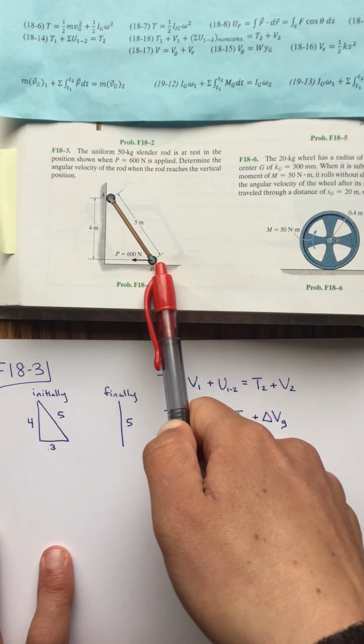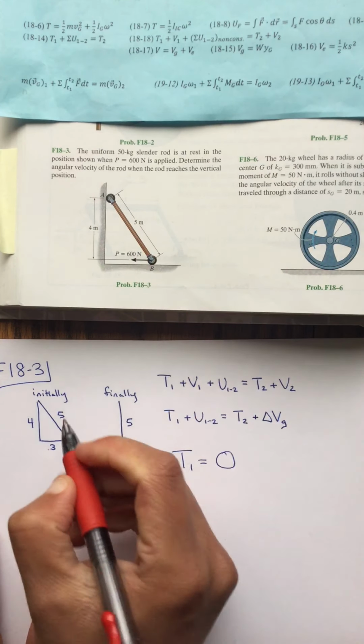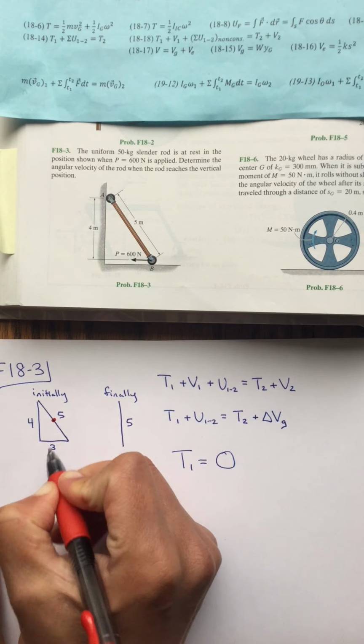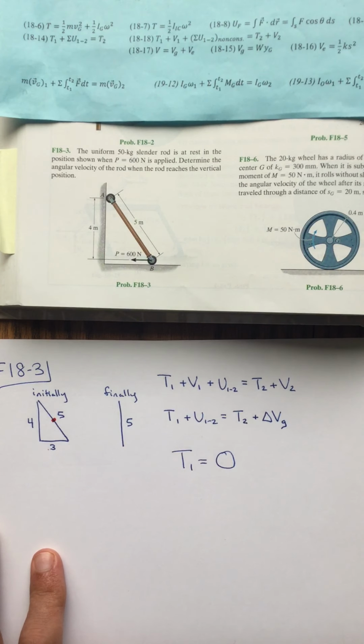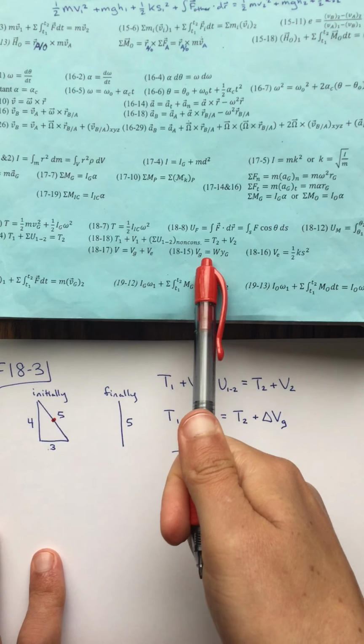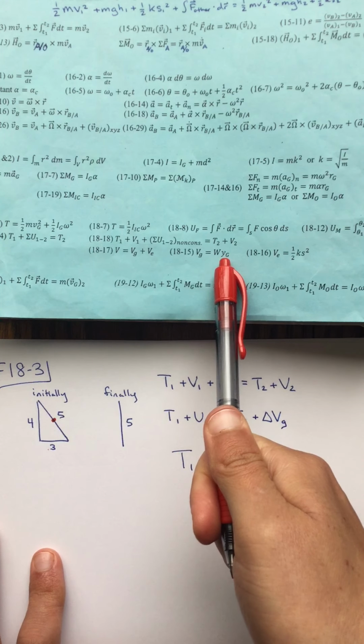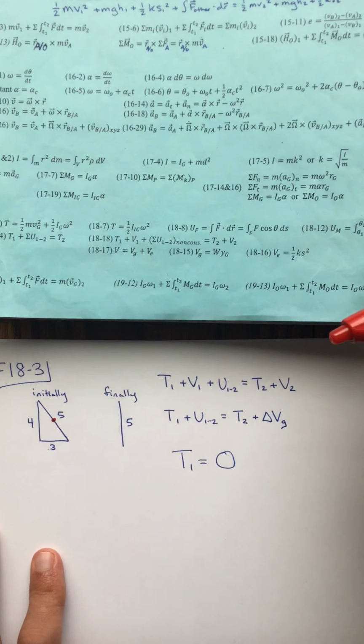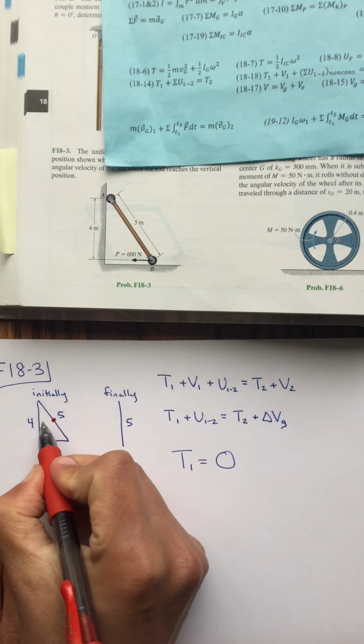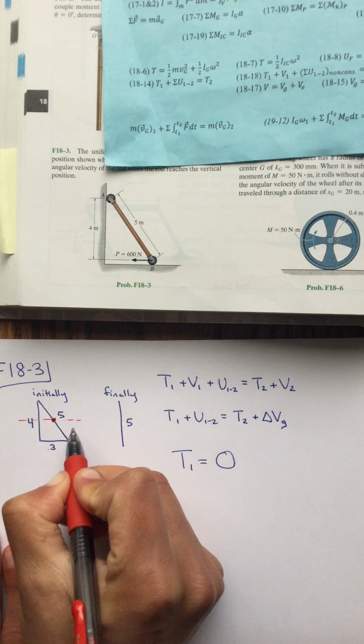Next, let's look at the change in gravitational potential energy. So the rod starts off like this. The rod's 5 meters long. The center of mass is halfway along the rod. And now for our gravitational potential energy, we're looking at the mass center. And the mass center is at this height.